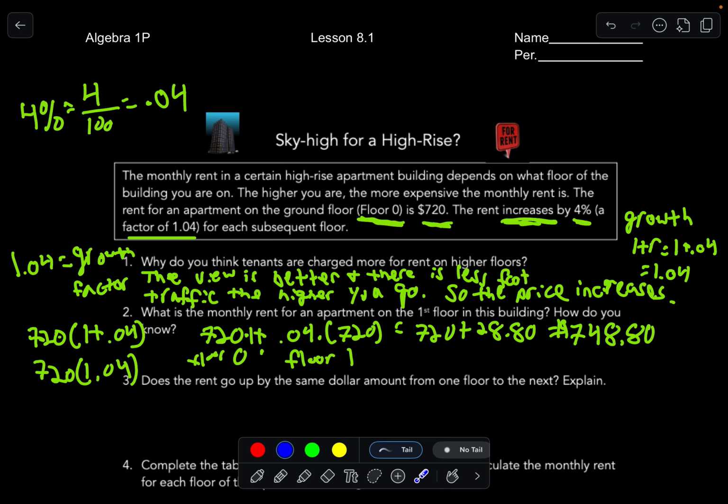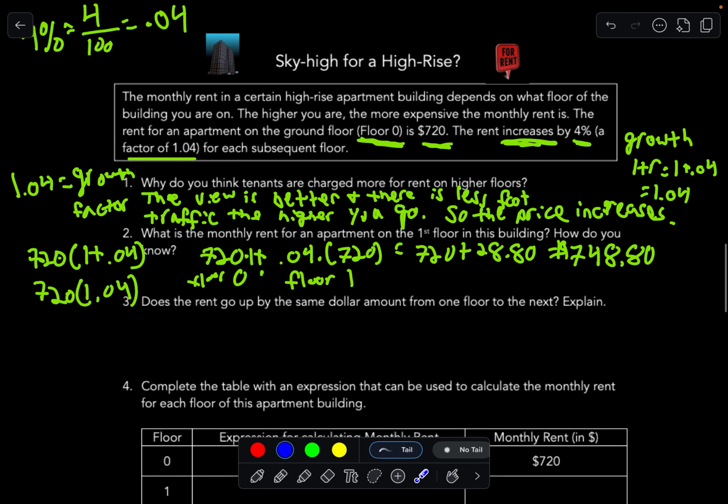All right, so does the rent go up by the same dollar amount each time? Well, from floor 0 to 1, it went up $28.80. So from floor 1 to 2, it's the same calculation.